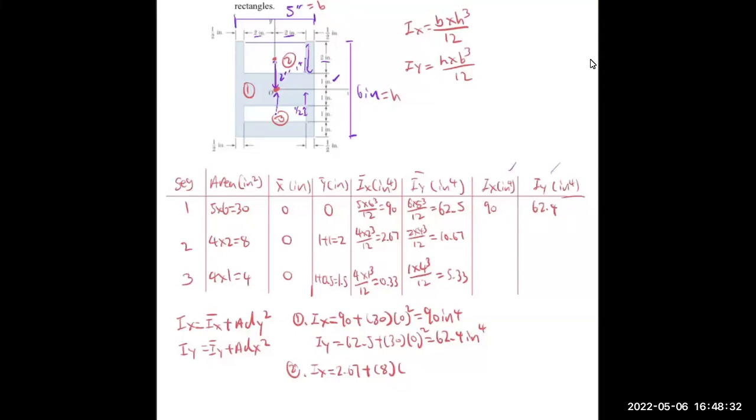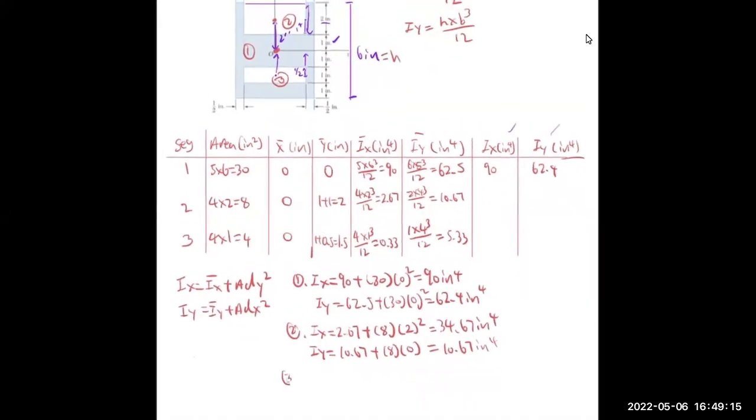So Ix is 2.67 plus A multiplied by the centroid 2 squared, and you're going to get 34.67. And then for Iy, that would be 10.67 plus the area, but it doesn't have any distance along the x direction, so it'll be 0. And then we get 10.67.